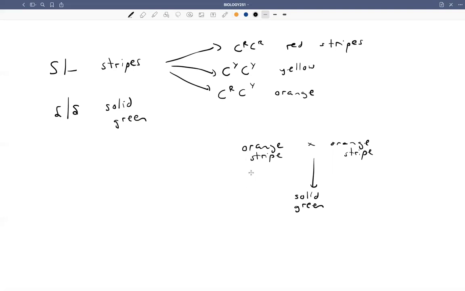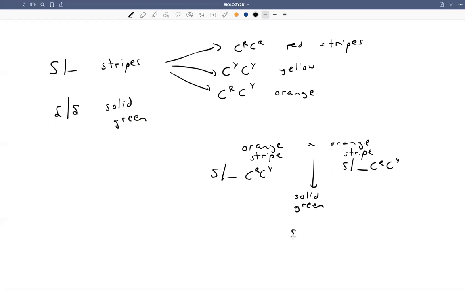So orange we determined was CRCY. And what do we know about the S gene if a gecko has orange stripes? We know that it has at least one big S. So I'm going to draw a big S blank there.